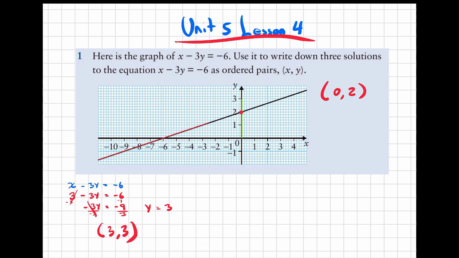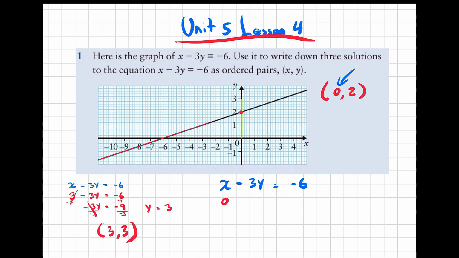Okay, so again, what are we going to do? We're going to go back to our original equation, which was x minus 3y equals negative 6. I know that x is 0, and it looks like it's close to 2, but is it exactly 2? Well, let's substitute the x with 0.